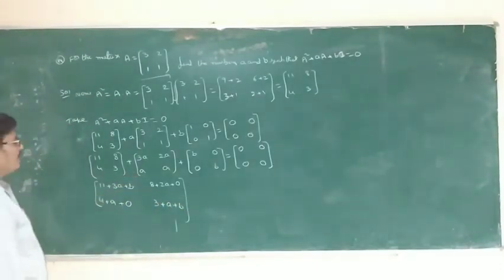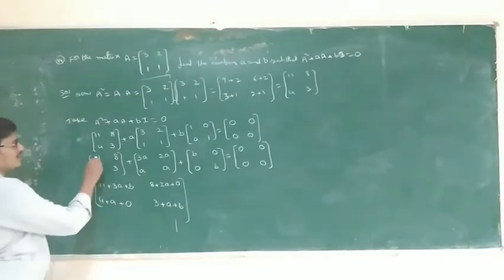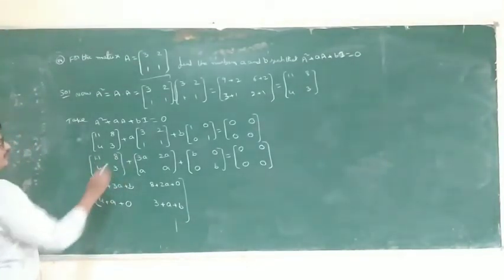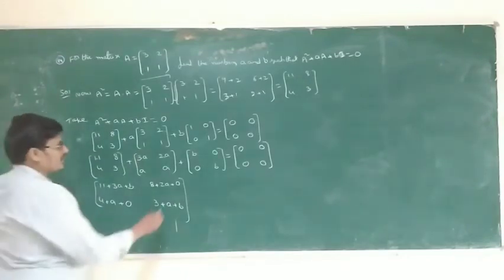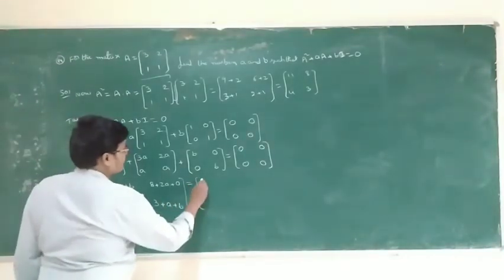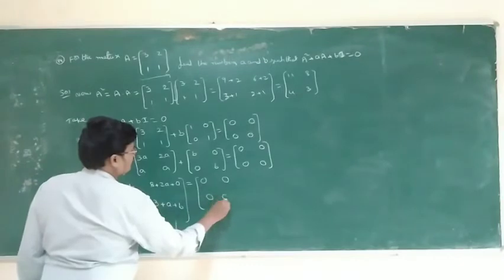How to add matrix to matrix? Adding the corresponding elements: first with first, second with second, and so on. That is equal to [0 0; 0 0].